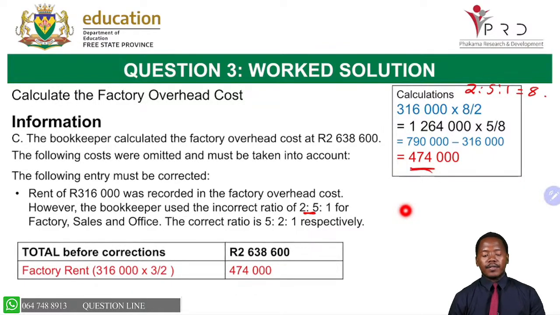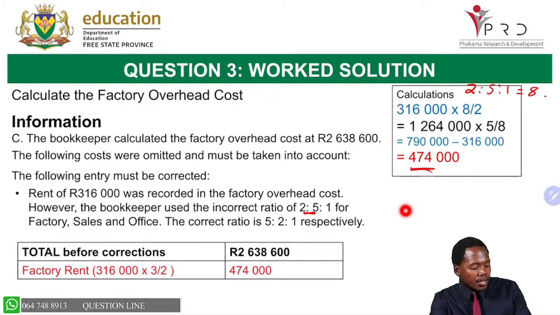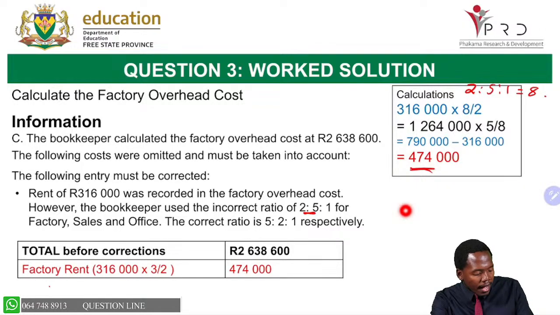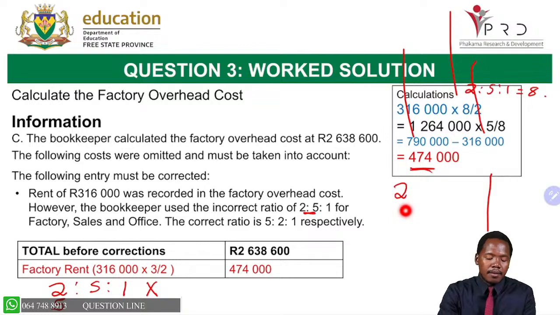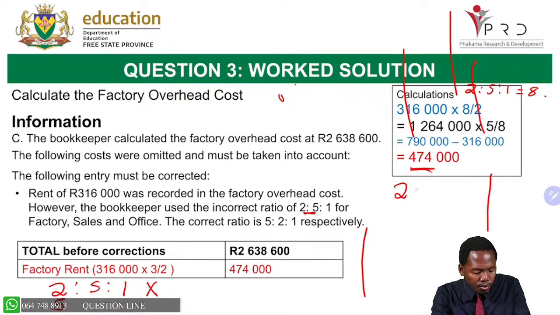Now, this is also another way of doing this. You can decide to reduce the ratios. Remember, we recorded 2:5:1, which is wrong. The correct one is 5:2:1.